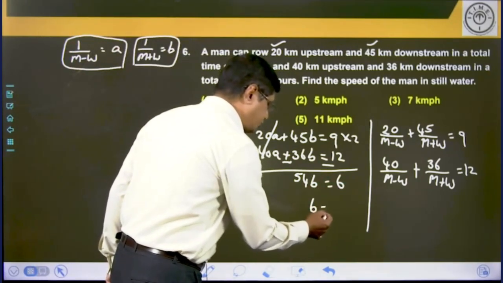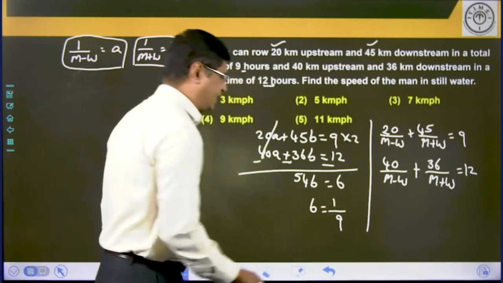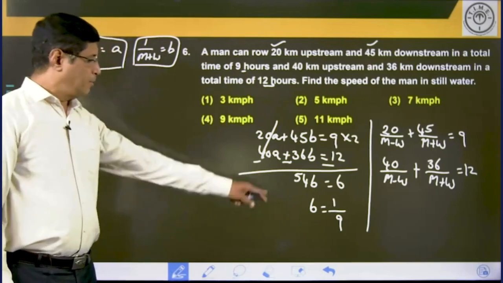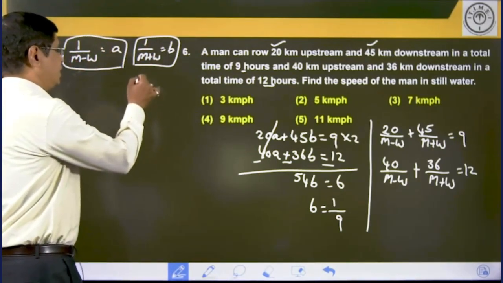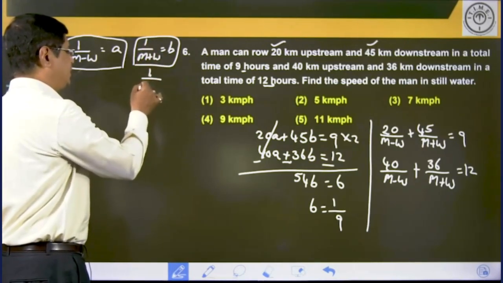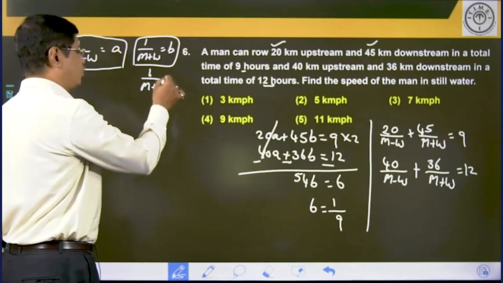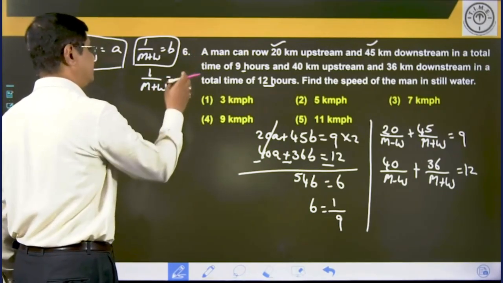The value of B is 6 by 54, which is equal to 1 by 9. B is equal to 1 by 9 means 1 by M plus W is equal to 1 by 9.